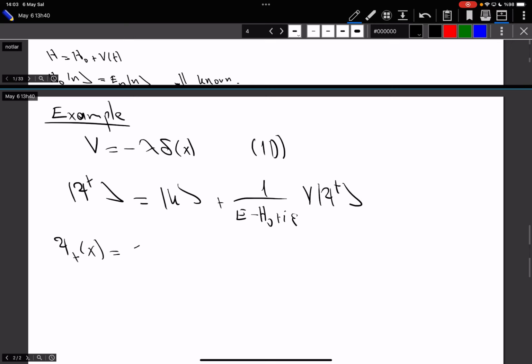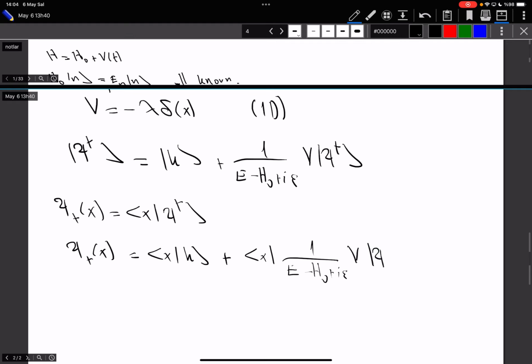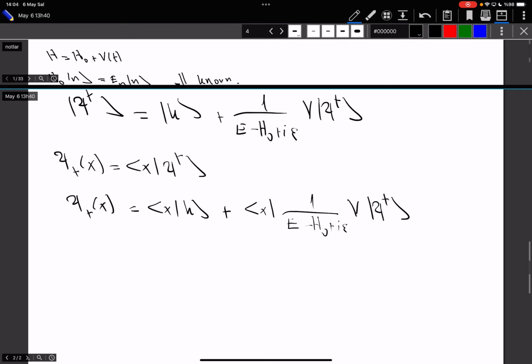Let me define the wave function in this form. So psi plus of x is <x|k> plus <x|1/(E - H0 + iε) V|psi plus>. I insert the identity. I'm basically repeating what we had already done before in the 1-dimensional case.